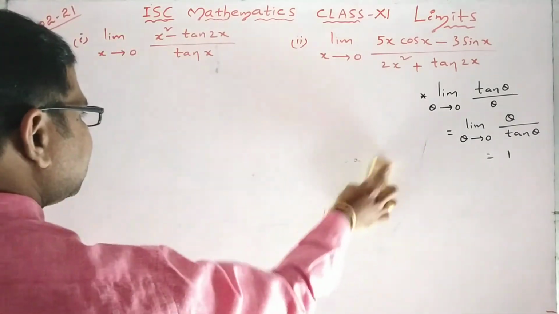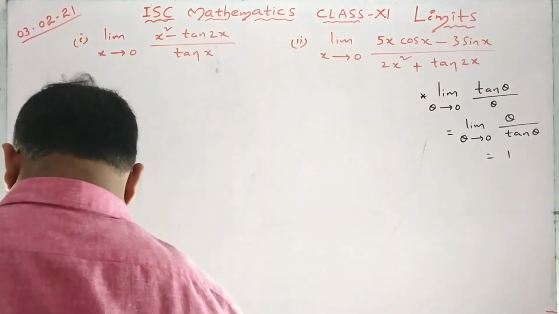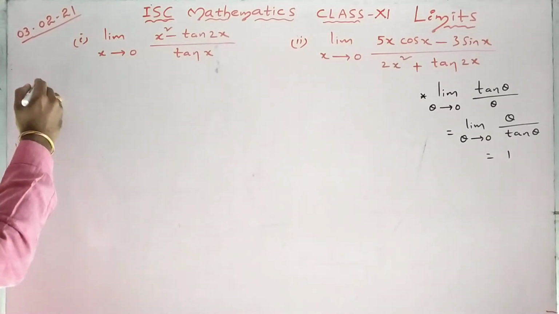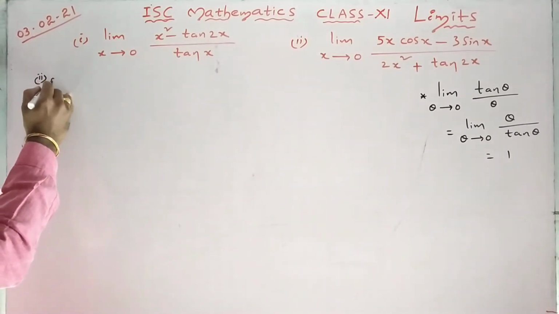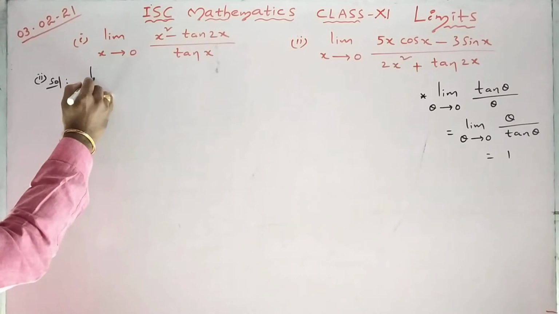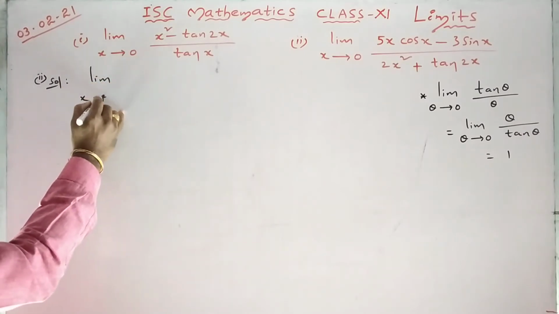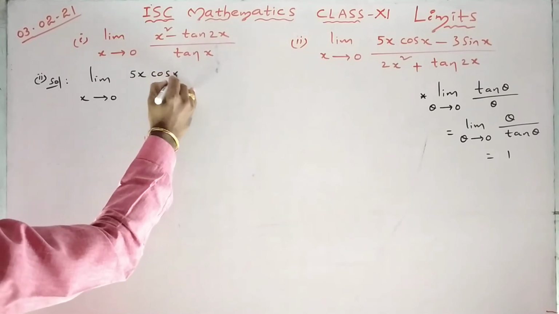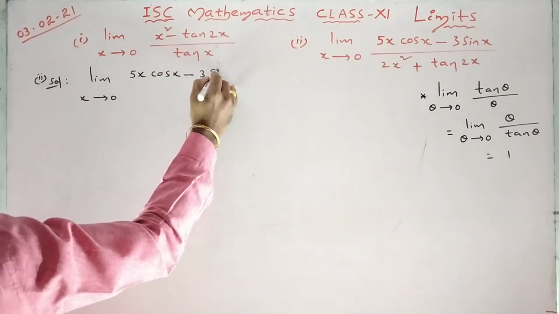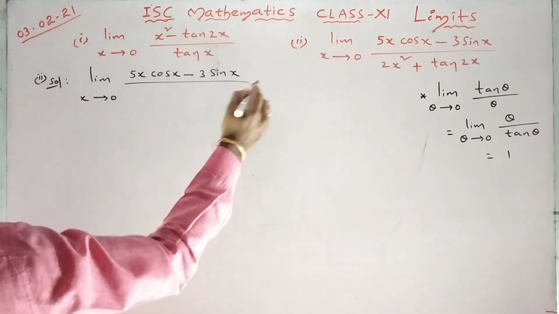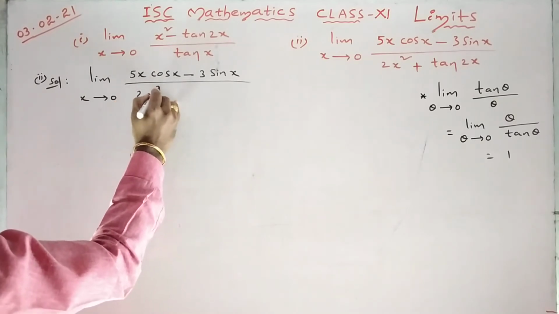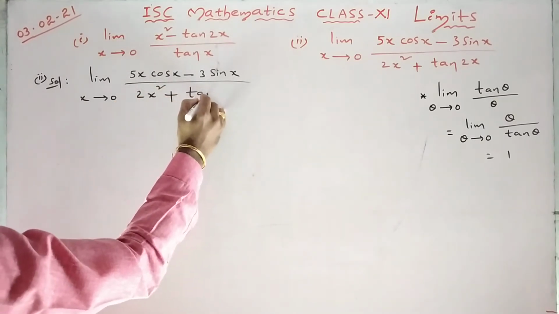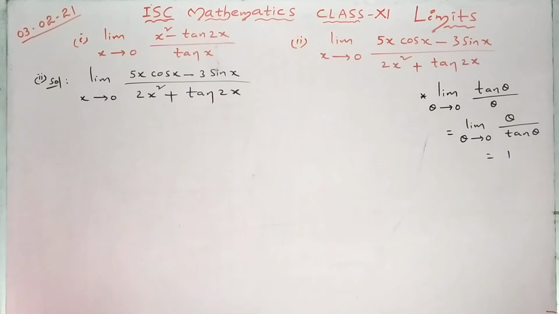Second question says, limit x tending to 0, (5x cos x minus 3 sin x) upon (2x square plus tan 2x).